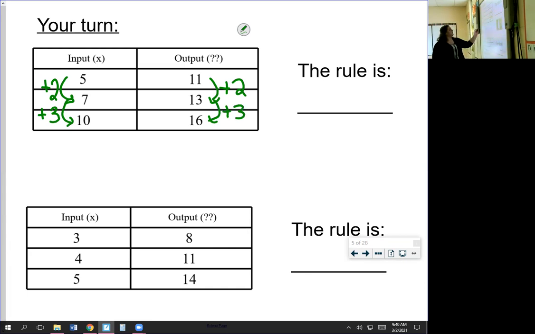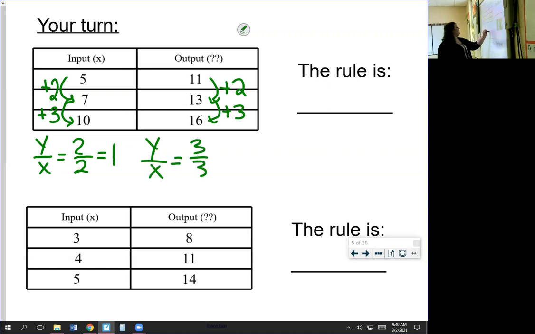Regardless, if I take y over x, which is 2 over 2, that's 1. And here, y over x, I get 3 over 3, which is 1. So the answer is still y equals 1x, or y equals x. And this one is only a one-step equation because all I have to do is add 6.